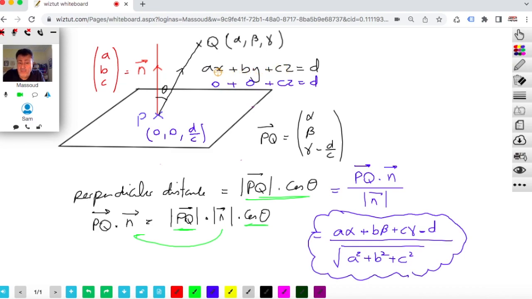A, B, C and D will be known because we know the equation of the plane. So we substitute the a, b, c in there and alpha, beta, gamma in there, and that will give you a number, which would be the perpendicular distance of that point to the plane.